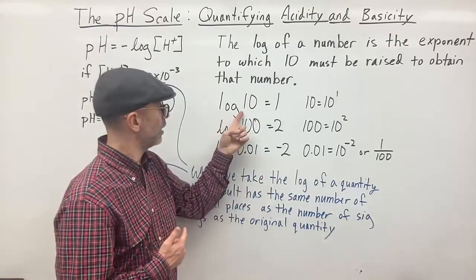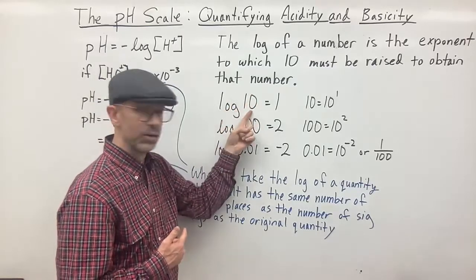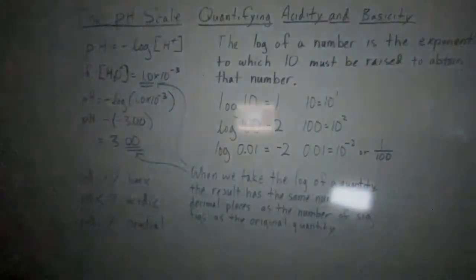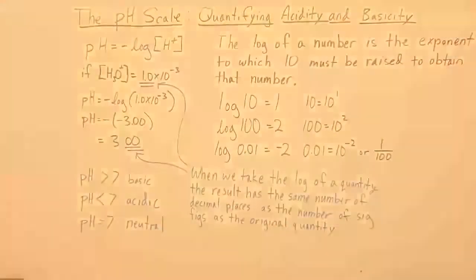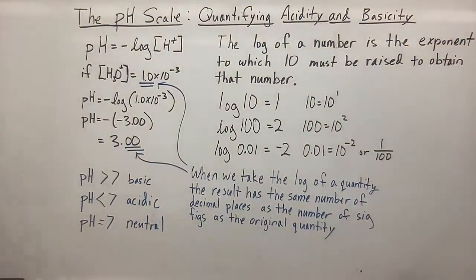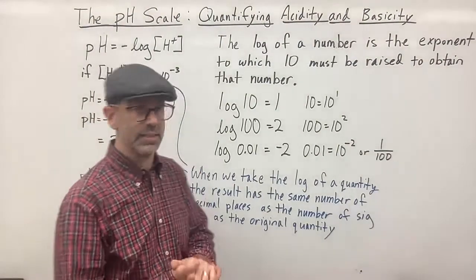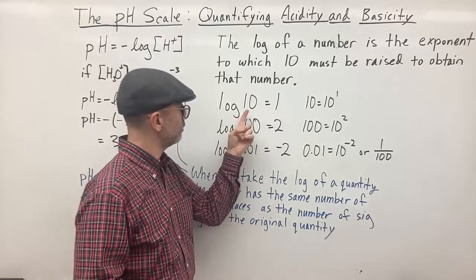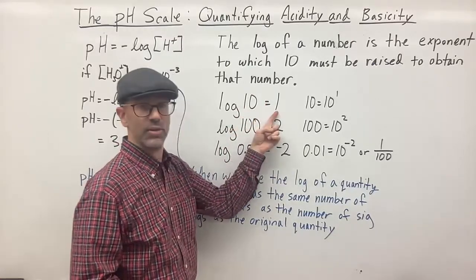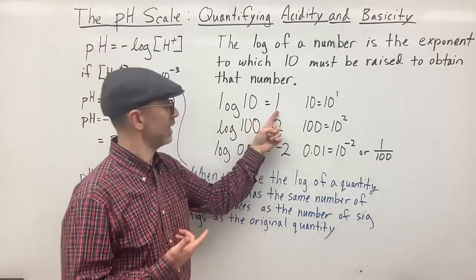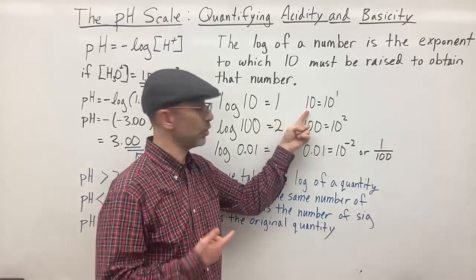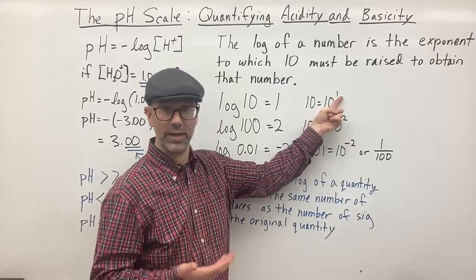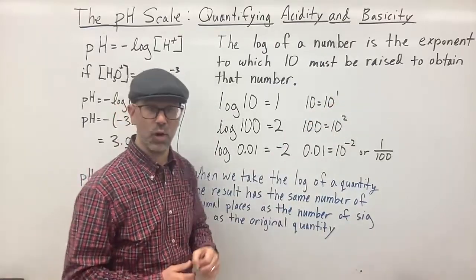Well, in order to obtain the number 10, I need to raise 10 to the 1 power. So in this case, the log of 10 is going to be 1, because 1 is the exponent that I need to raise 10 to in order to get 10, right? So 10 is equal to 10 raised to the power of 1.